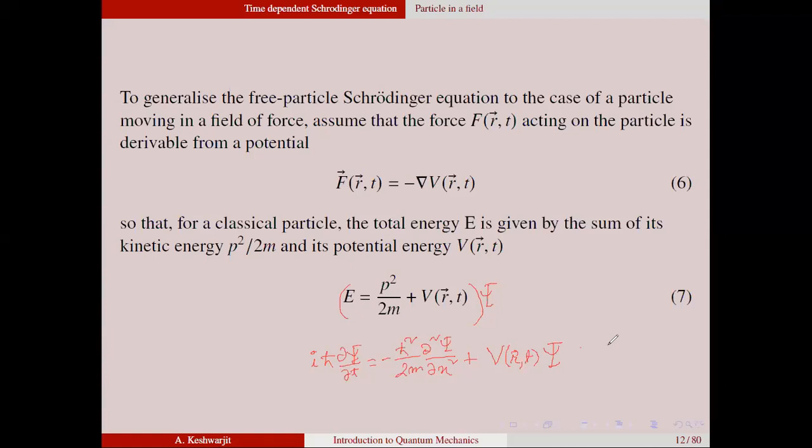The second order derivative with respect to space has a physical interpretation, namely the solution to the Laplace equation, for example.